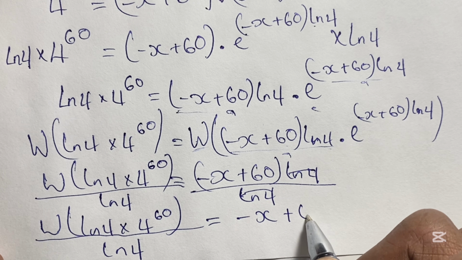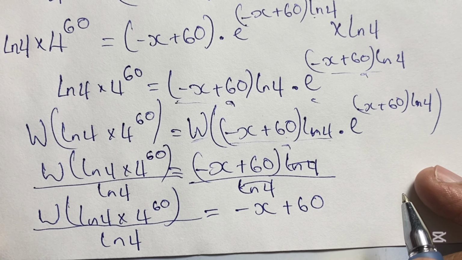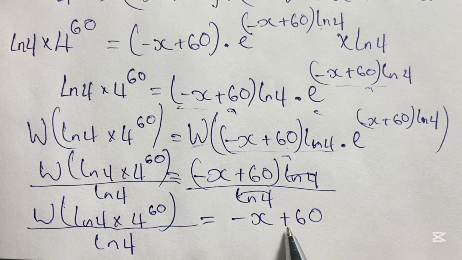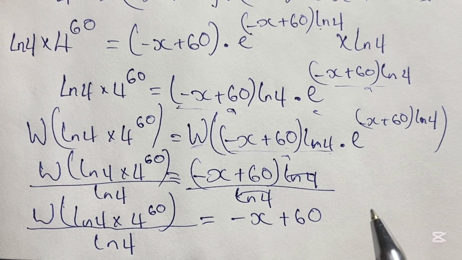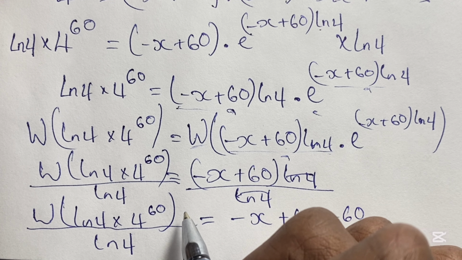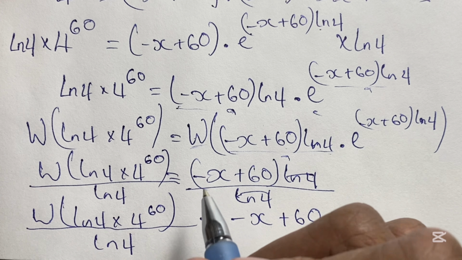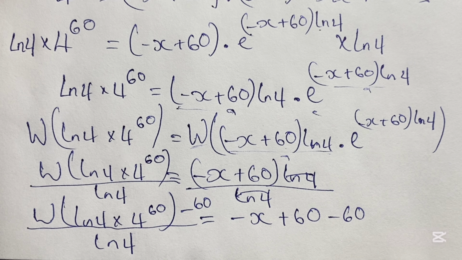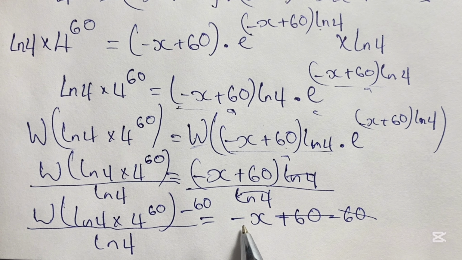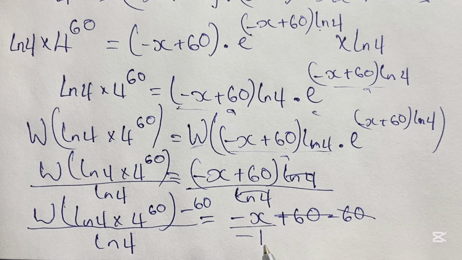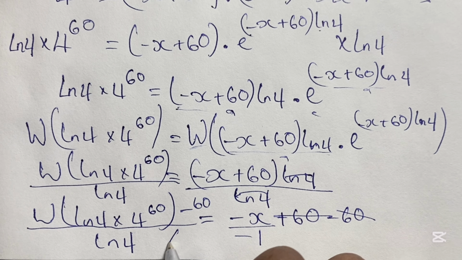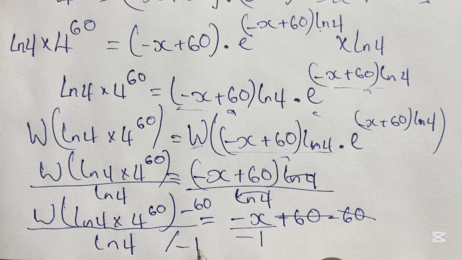So we have negative x plus 60, and we solve for x again by subtracting 60 on both sides of this equation. So from here we have negative x plus 60, and we are subtracting 60 here, so we have negative x plus 60 minus 60, and on the left we will also subtract 60. And we will also have to solve for x by removing this negative sign, so we divide this by negative 1, and the result of what we have on the left, we also divide by negative 1 as well.